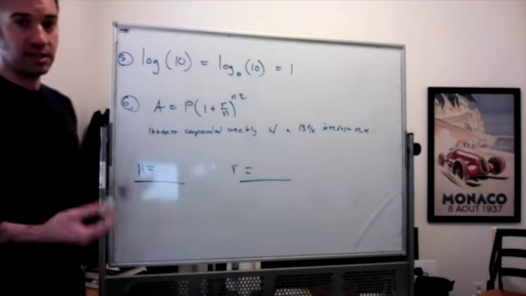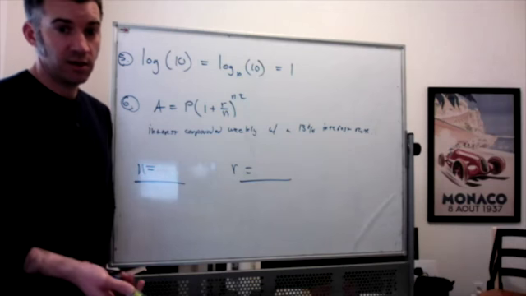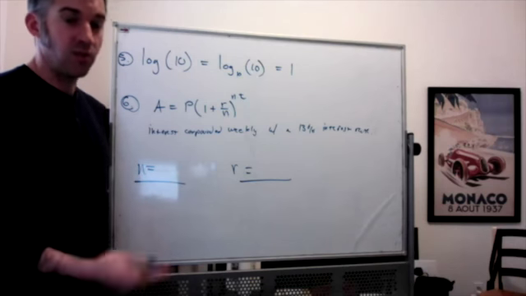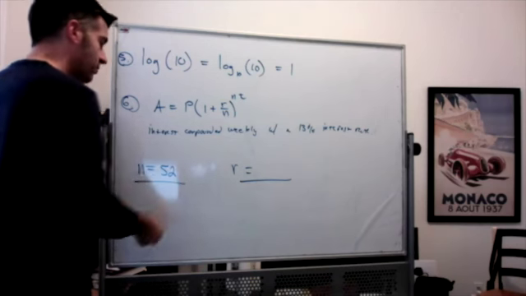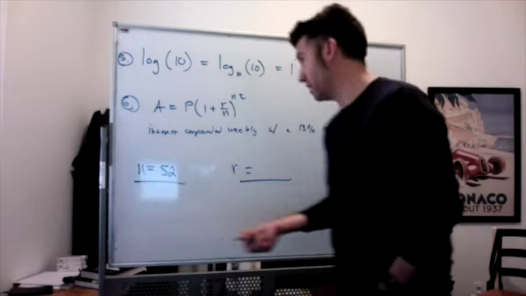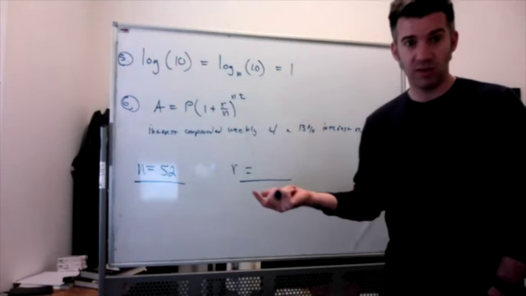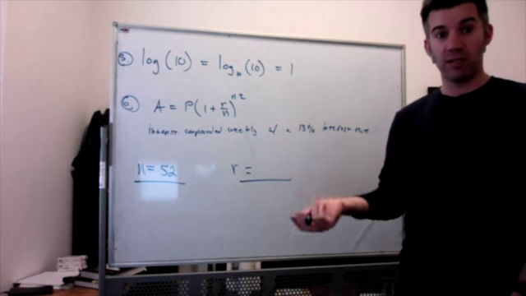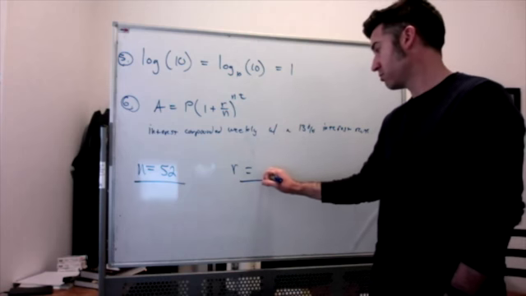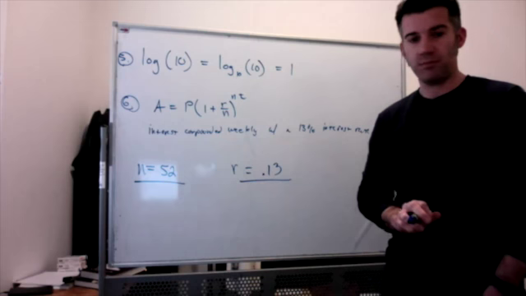Well, N is the number of times per year that we're compounding. So if we're compounding every week, we're compounding 52 times per year. So N is 52. And if the interest rate is 13%, then R is that interest rate as a decimal. So not 13, but 0.13. That's it.